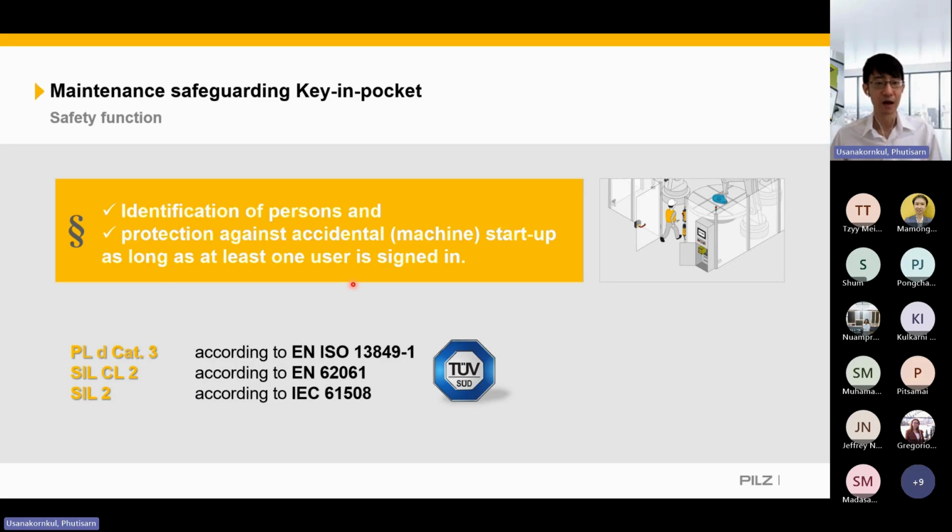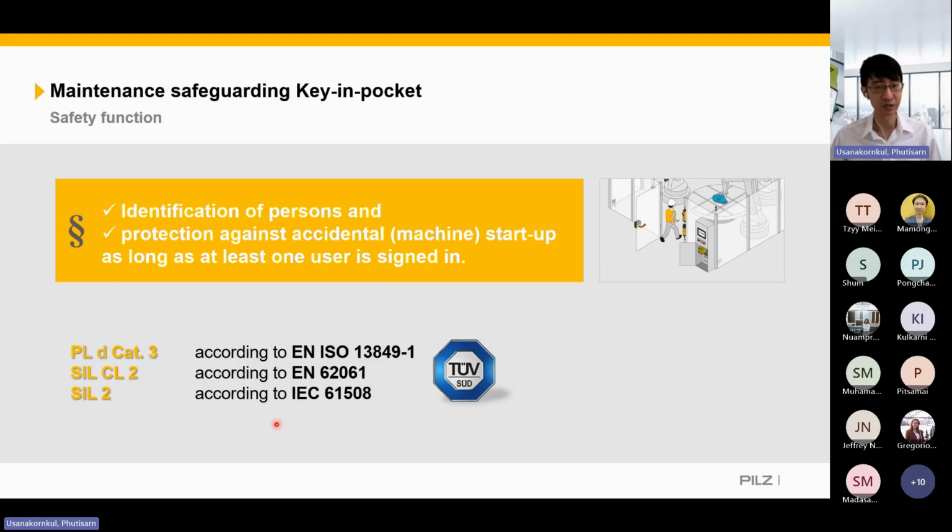Okay. With this certified solution, we can achieve up to PL d category 3, according to the EN ISO 13849-1. And up to SIL 2, according to the EN 62061 and IEC 61508 standard.